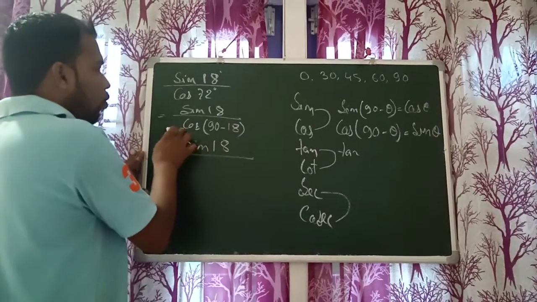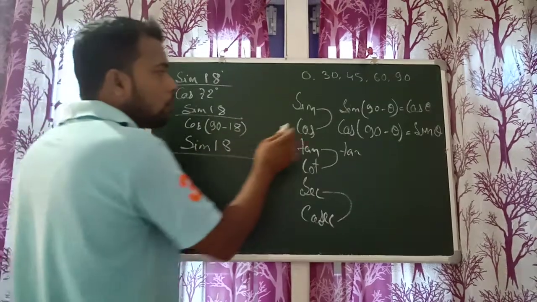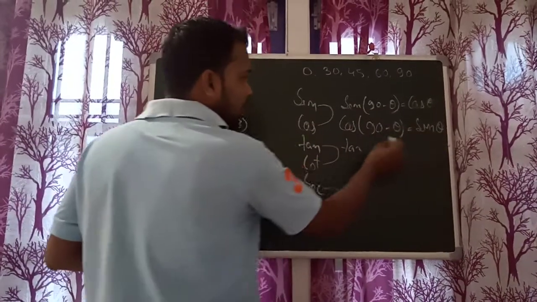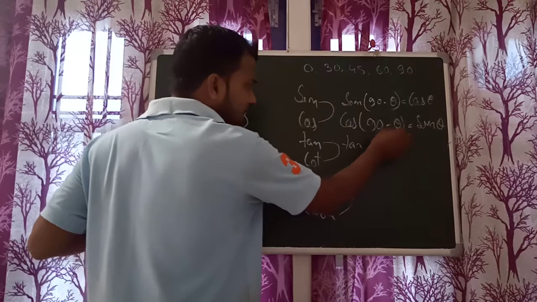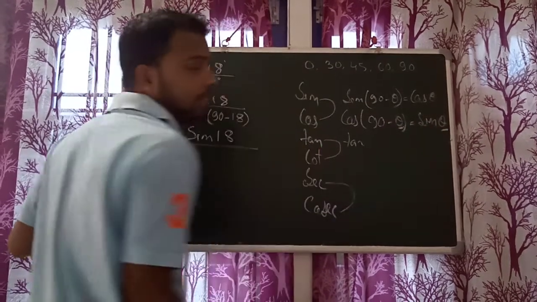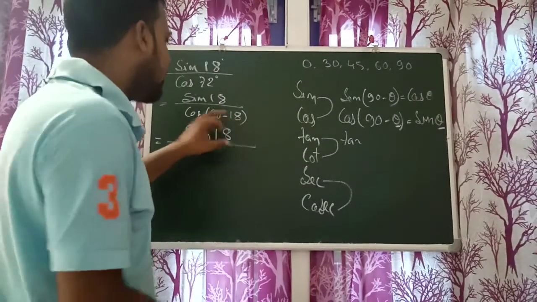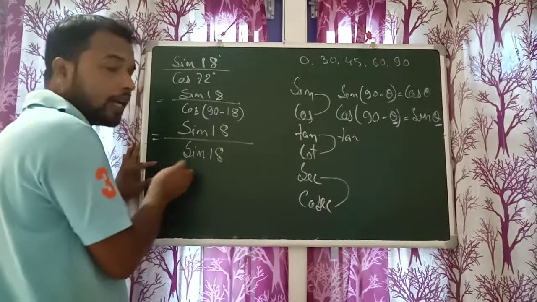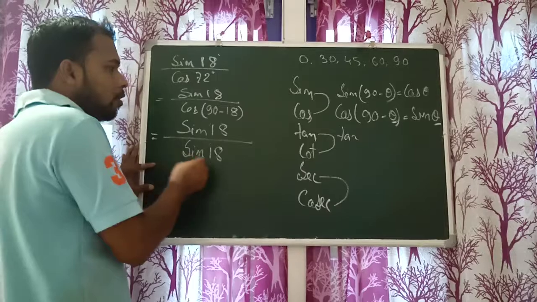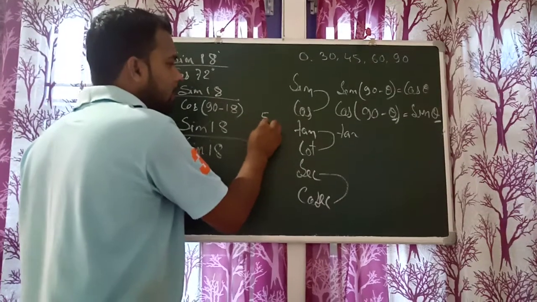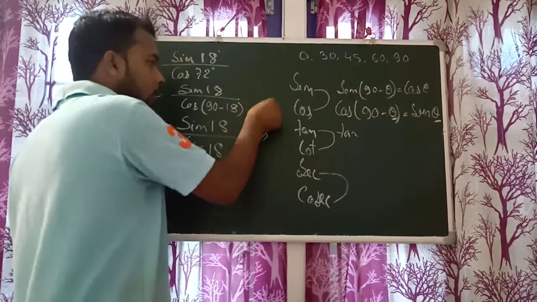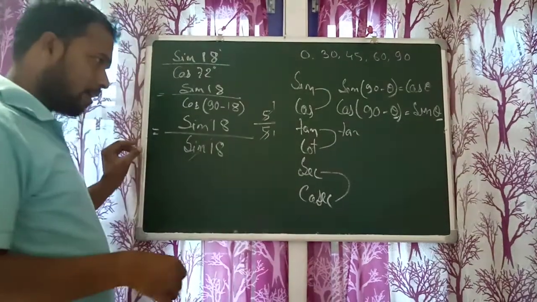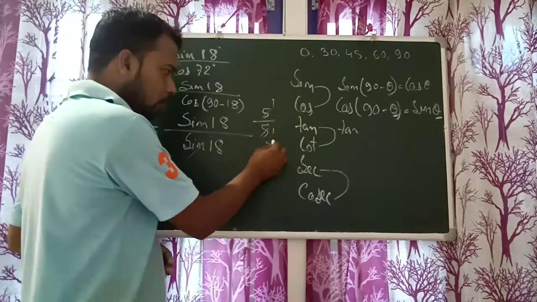Now see here, sin 18 we write as sin 18. Now cos 90 minus theta, we know cos 90 minus theta is equal to sin theta. Here theta is 18, so we write it as sin 18. Then both are same, we can cut. Suppose here 5 is there, down there is also 5, we can cut it, 5 upon 5 is equal to 1.